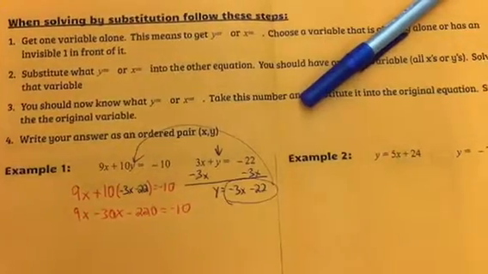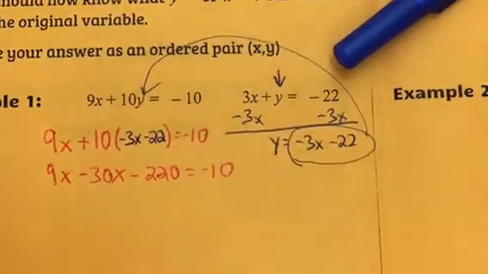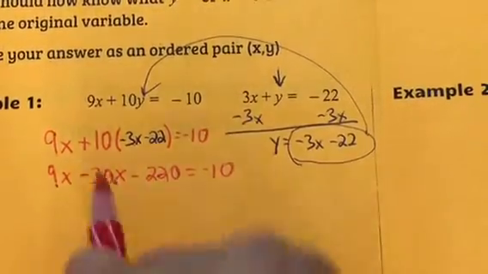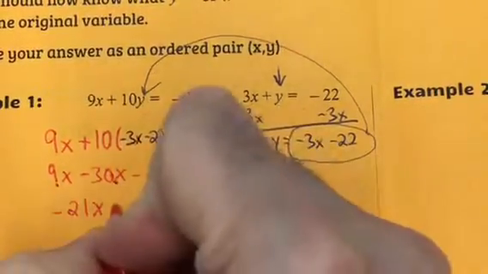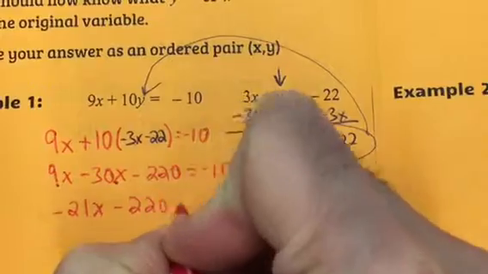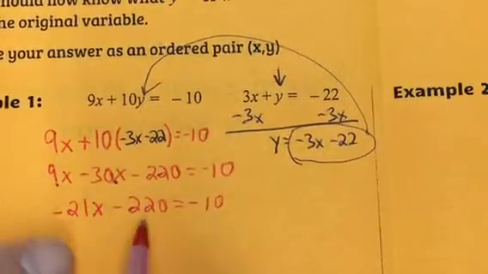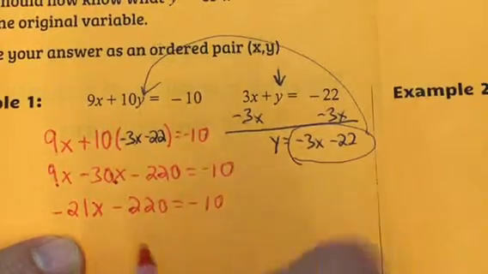Okay, let's zoom in on this so you can see it better. 9x take away 30x is negative 21x minus 220 equals negative 10. That's combining like terms. Now I want to solve for x. Add 220.